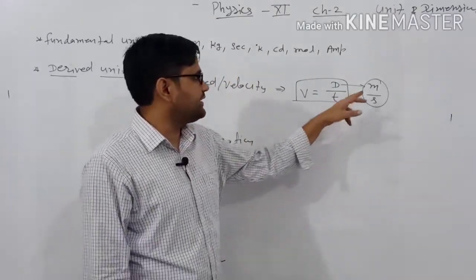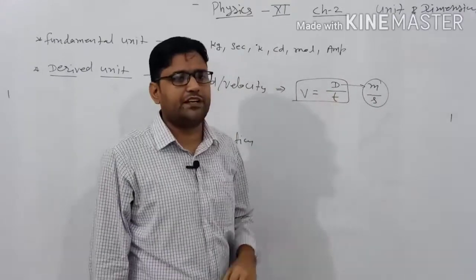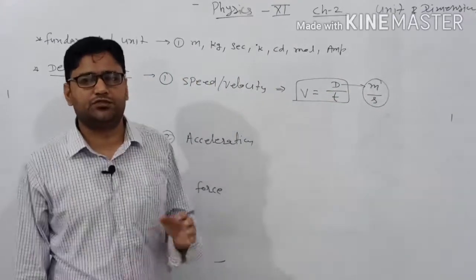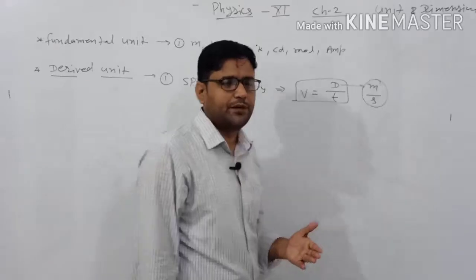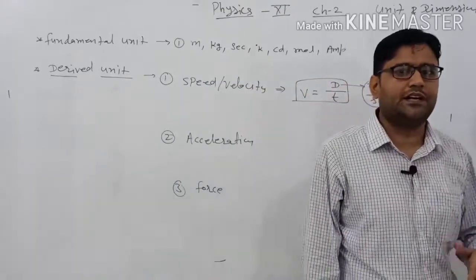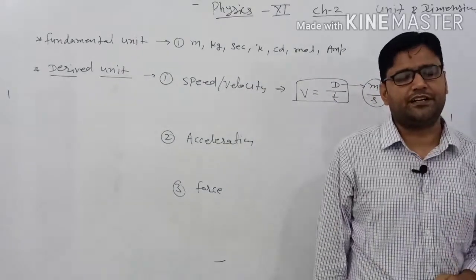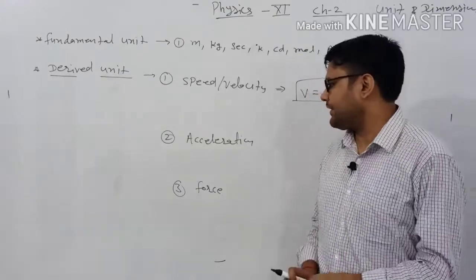It is the ratio of these 2 fundamental units, and that's why it is known as the derived unit, because it is derived with the help of these 2 basic fundamental units. Is it clear? Okay.